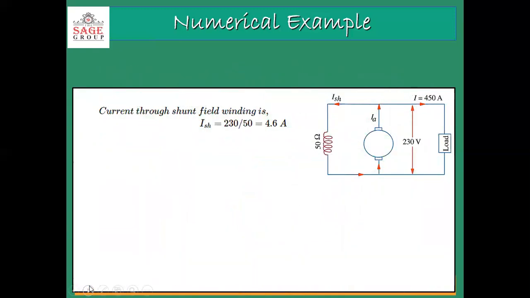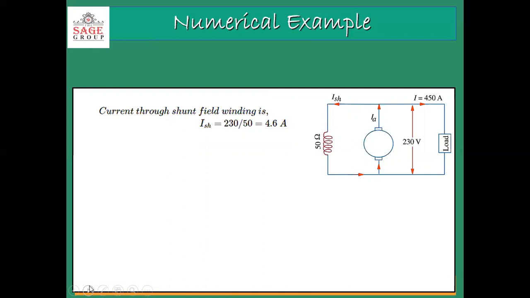By calculating the current through the shunt field winding, by dividing the voltage across it, which is common between the load and the field winding, by the resistance of 50 ohms.